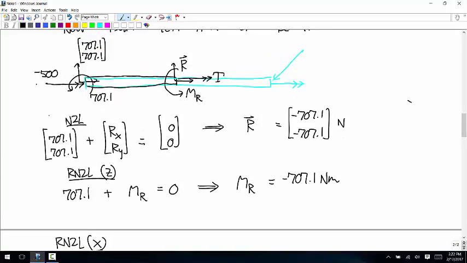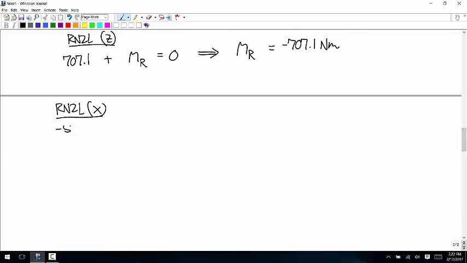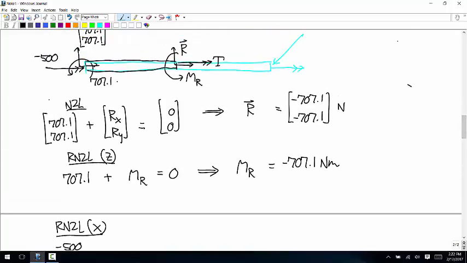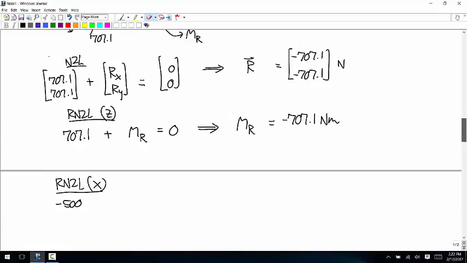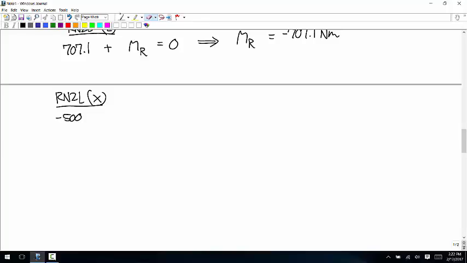We have a torque of negative 500. And then the only other moment about the x-axis is this torque T. And so that internal torque T is equal to 500 Newton meters.